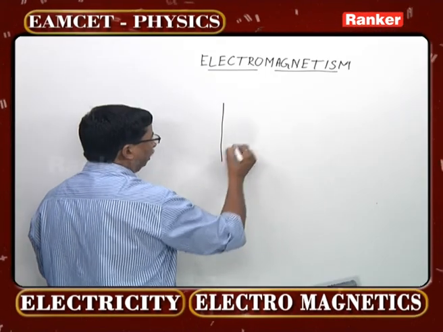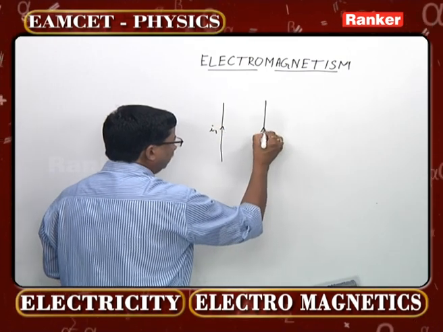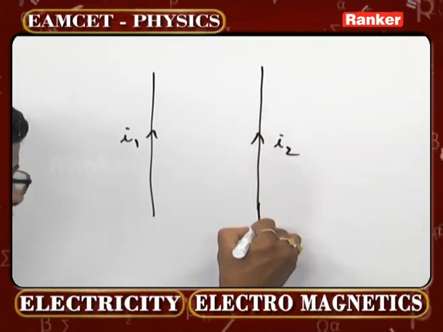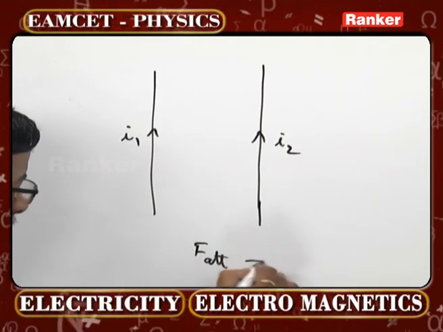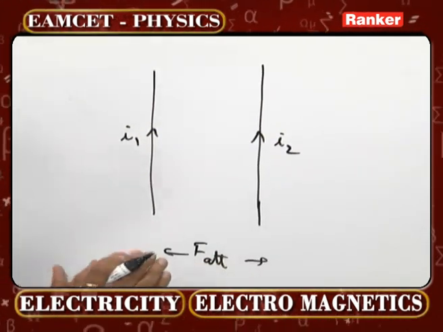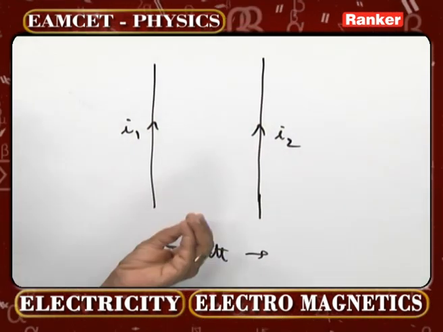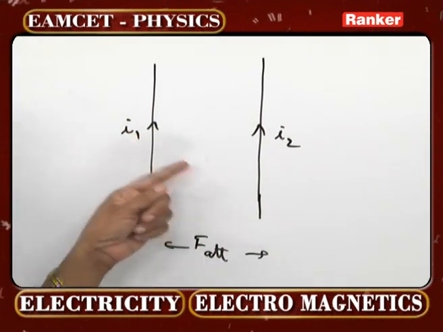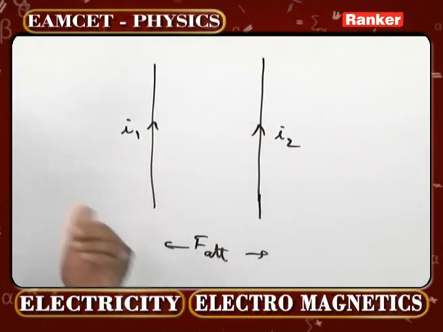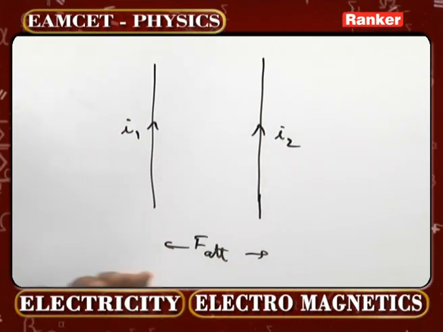Whenever 2 parallel conductors are carrying currents, say I1 and I2, if the directions are same, then there will be a sort of attraction between them. They used to attract, they used to come closer. If the directions of currents are opposite, then automatically there will be repulsion between them. So the force of attraction you will observe when the directions of currents are same. When directions of currents are opposite, then there will be force of repulsion.